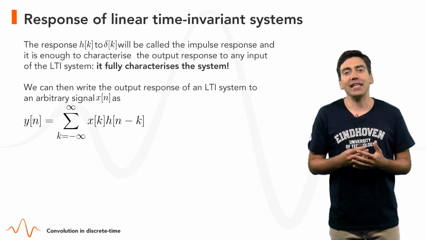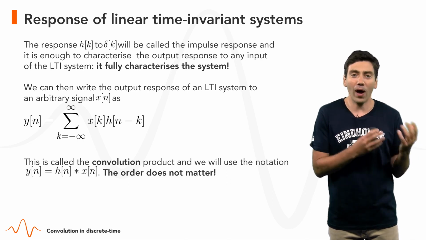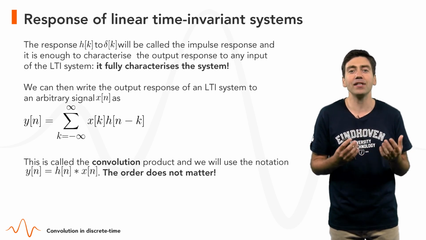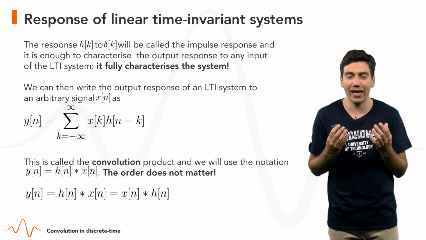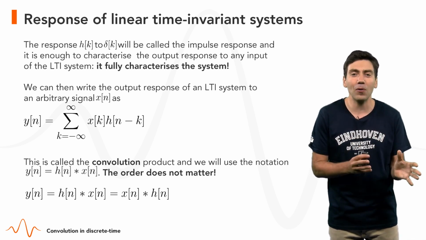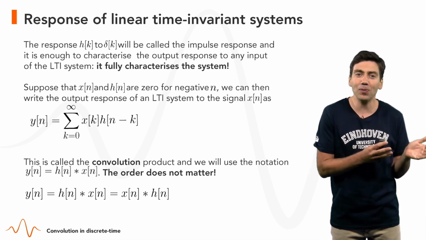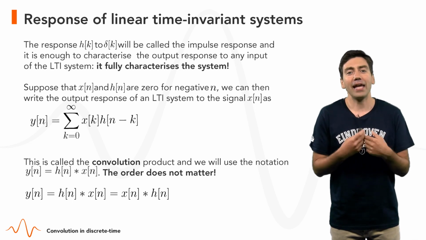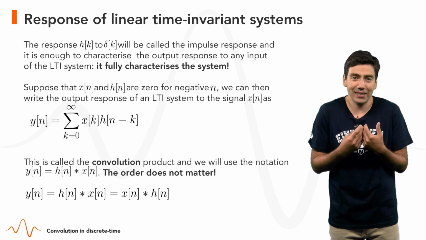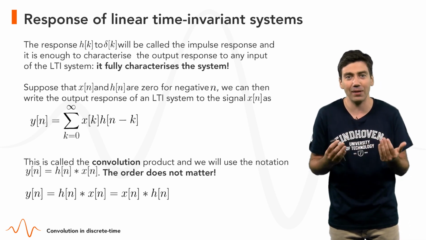We can then write the output response of an LTI system to an arbitrary signal as y of n, the output, is equal to the summation from k equals minus infinity until infinity of x of k, h of n minus k. And this is nothing more than replacing the previous formula h sub k of n, which were the output responses to impulses at times k, by h of n minus k, because that is exactly the output response to an impulse at time k when the system is linear time invariant.